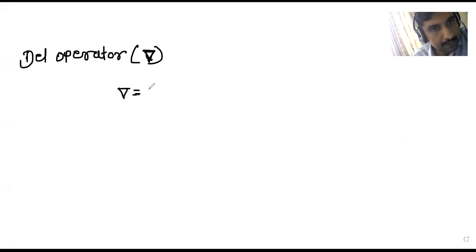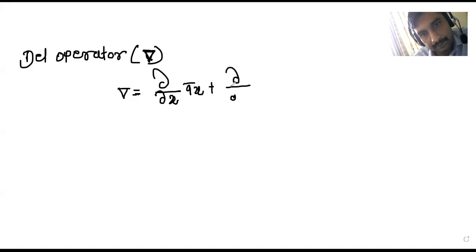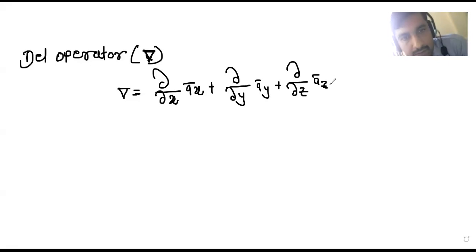So the del operator, that is del, is equal to dou by dou x a bar x plus dou by dou y a bar y plus dou by dou z a bar z. Right. So this is your del operator. This is the definition of the del operator.